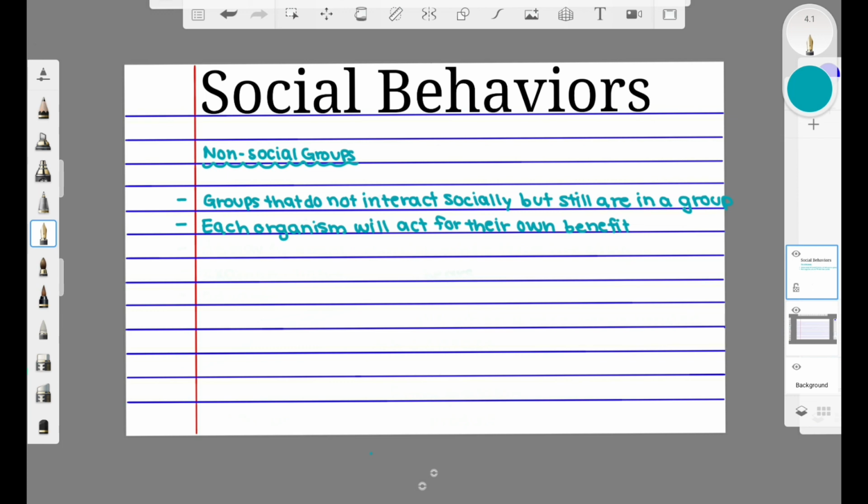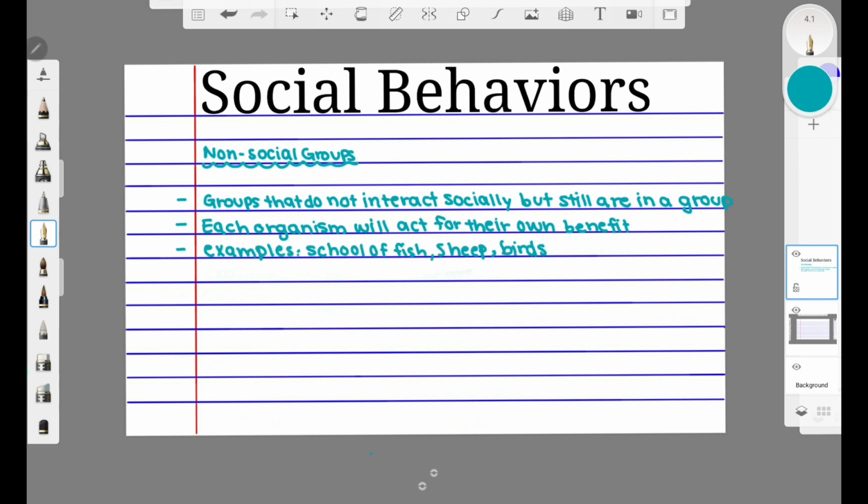So you won't see anything like altruism or kin selection in non-social groups because they're not going to disadvantage themselves for another member of the species. But they still require that protection of the entire group, and we'll get on to that in the advantages and disadvantages of non-social groups.